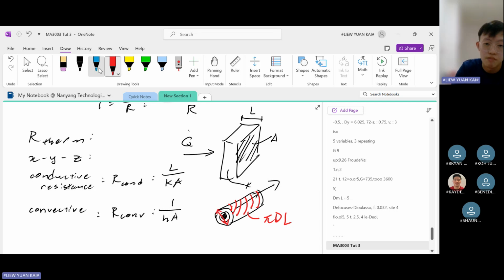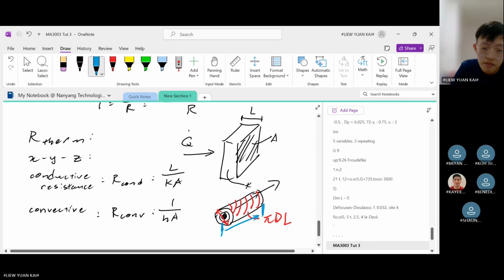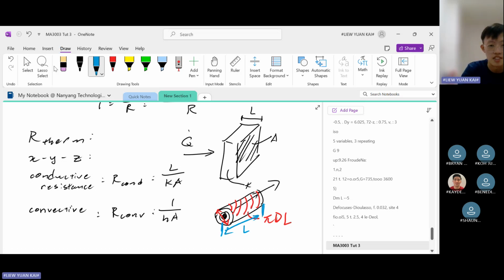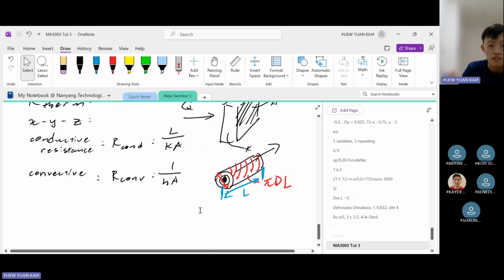L is the length of the pipe. So I'm referring to this length. Okay, I hope everyone knows that pi dL is a very basic formula since secondary school. Because your heat is being convected away from the curved surface area of this pipe. That's why this is the A that we are referring to.